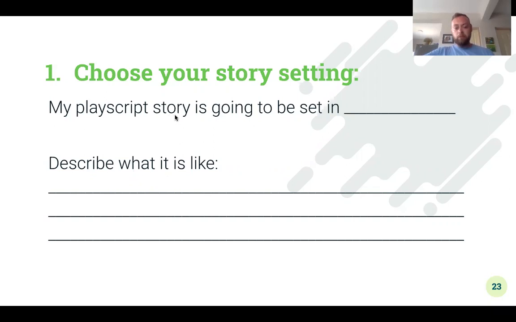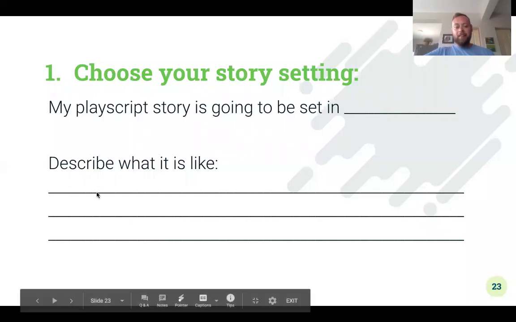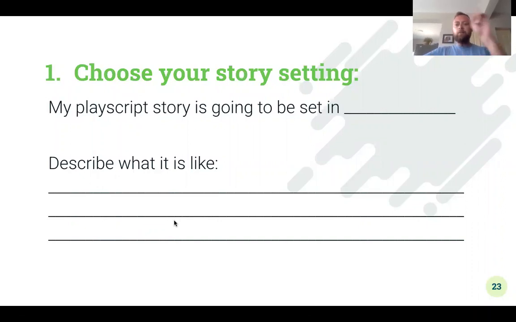My Playscript story is going to be set in, I want you to tell me, the zoo, a magic castle. And then I want you to describe what it's like there. And if you remember back, okay, so you're going to have to go back, there was lots of beautiful words that you could use to describe your setting.